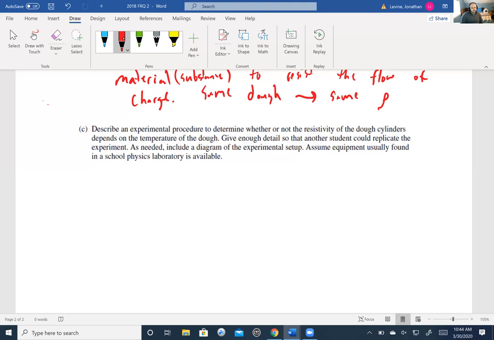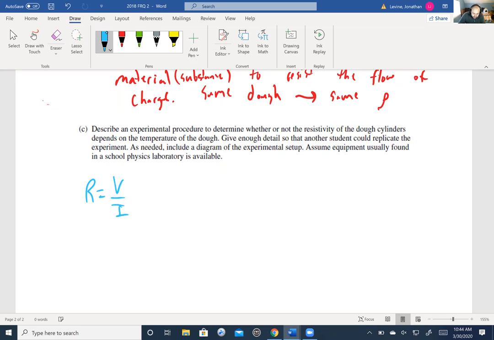Basically, what we can do is, because R, assuming the resistivity remains constant, should be directly related, let's say R is equal to V over I. That might help us.